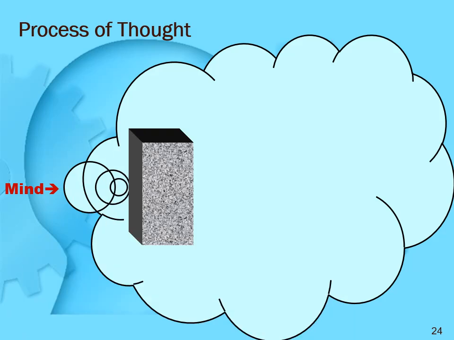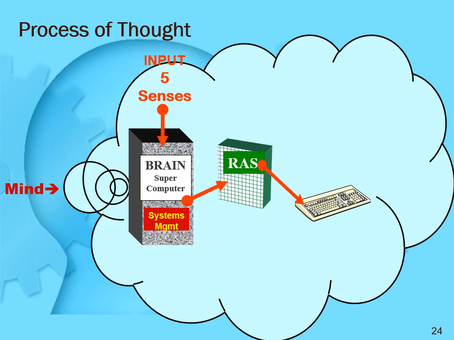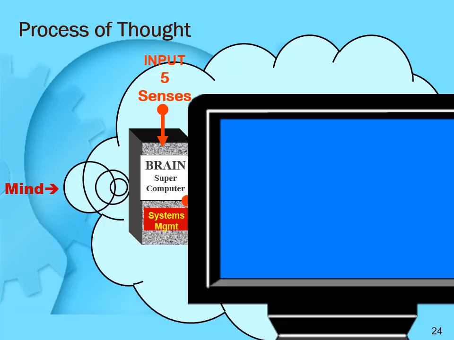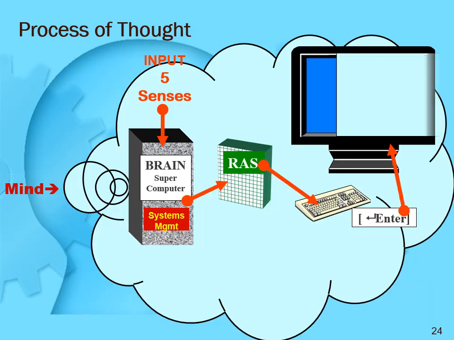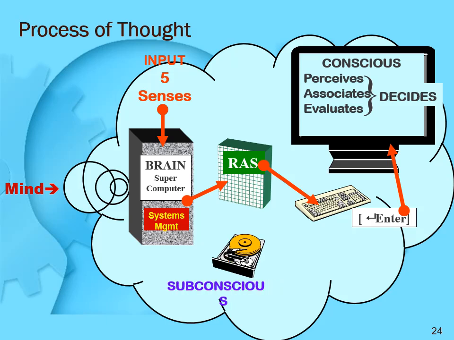So let's review the whole process of thought that we've been talking about. We have the mind, we have the computer, our supercomputer, our systems management. It gets its input from the five senses. That goes through the reticular activating system into the keyboard that gives it sanction, which goes into the screen where we perceive, associate, evaluate, and decide. And then remember, underneath all of that is the subconscious.